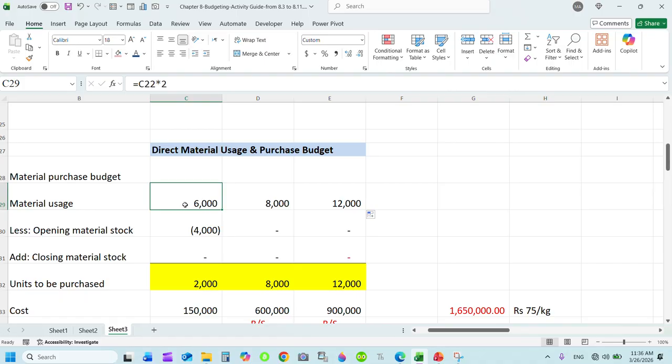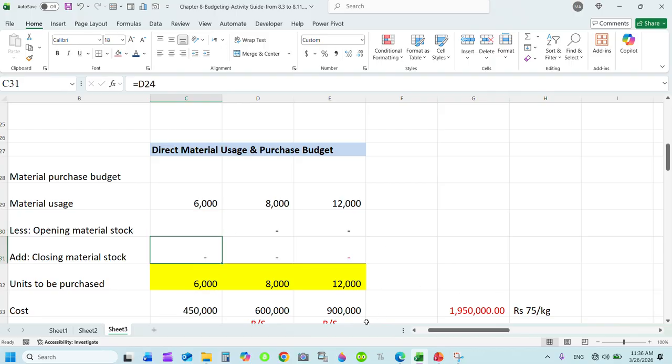If you simply purchase 6,000 raw material, at the end of the period your raw material stock balance will be zero, because all 6,000 were used for production. Then you won't have any closing stock. So we need raw material sufficient for the production requirement plus your closing stock requirement.